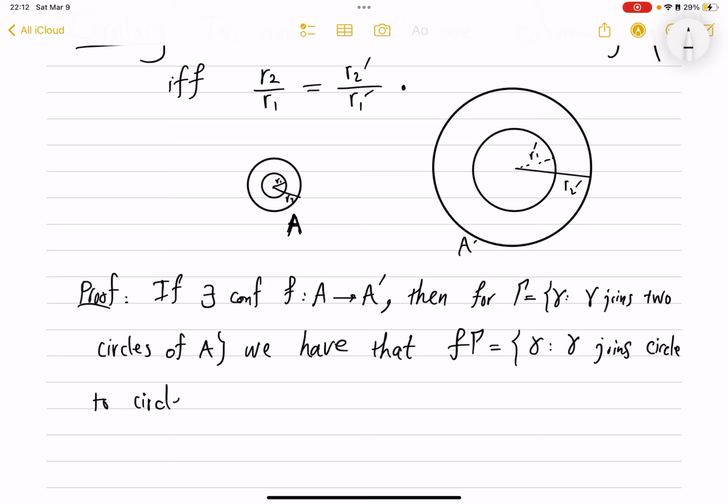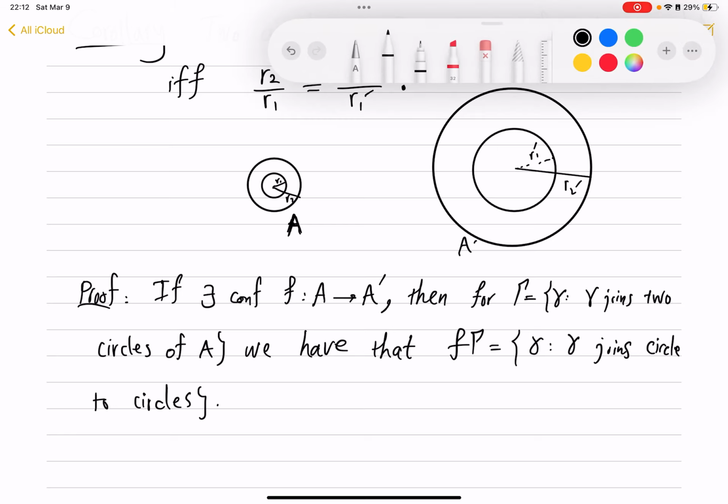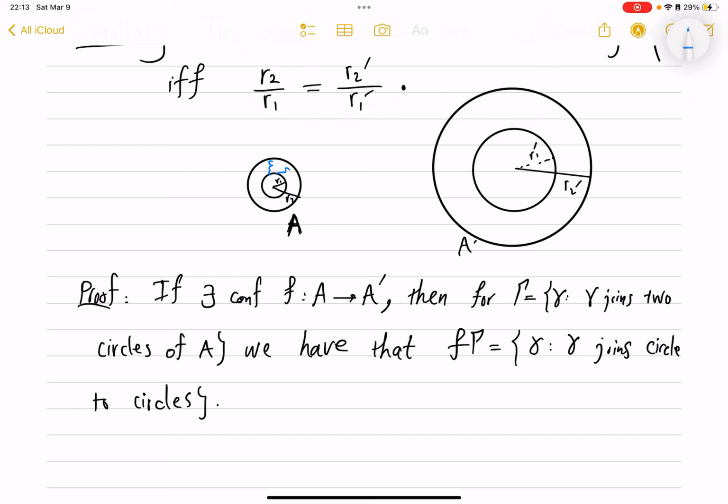Here we have to be careful a bit, but it's very easy. The proof that we have given will work just as well if in our path family we only restrict to paths that remain within the annulus, because if a path goes outside, then f of gamma wouldn't make sense.